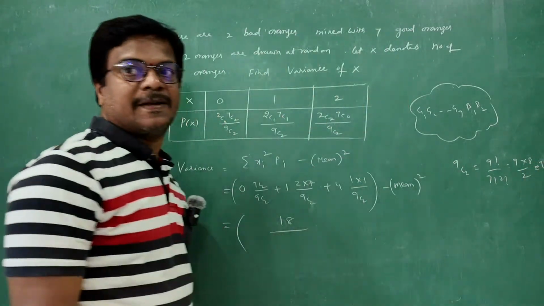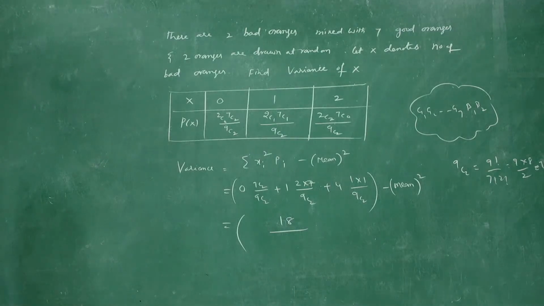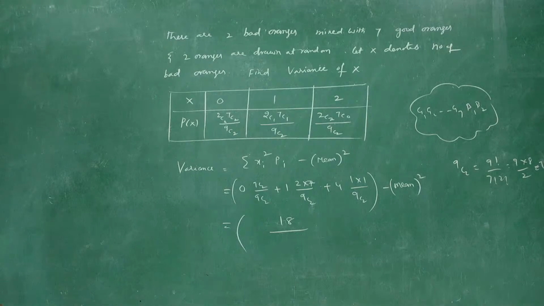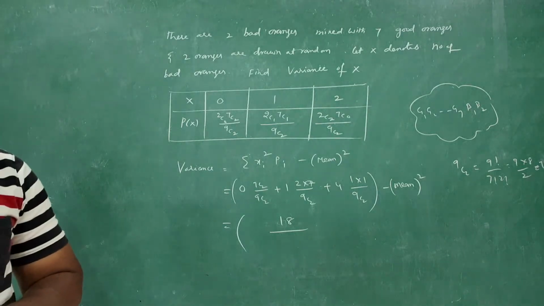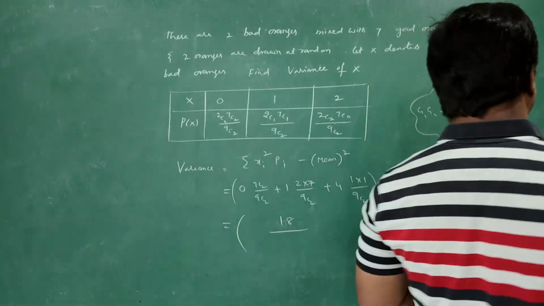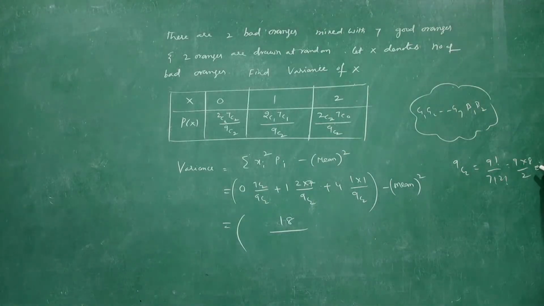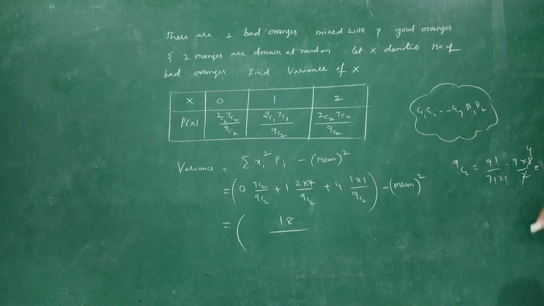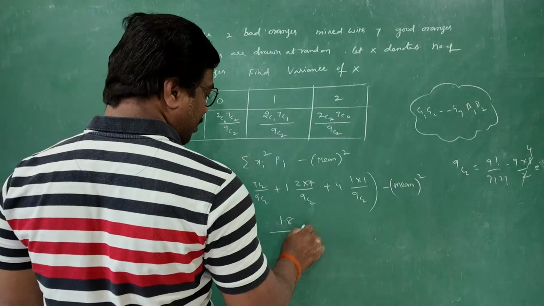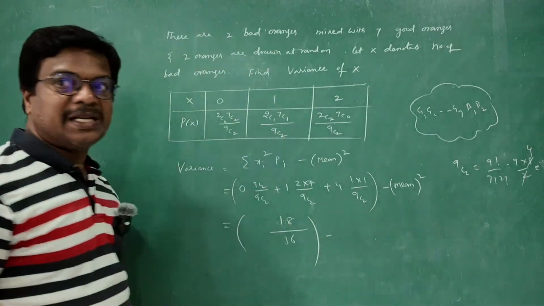After division, 9 into 8 into 7 factorial, 7 factorial gets cancelled, by 2, it is 36, right? Okay. So 18 divided by 36 minus mean square.